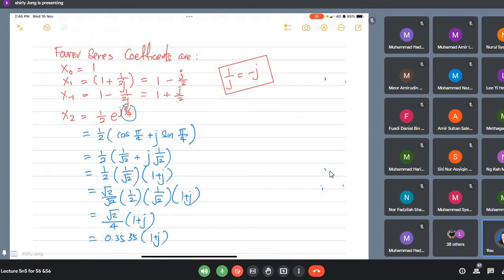So you can change it to the complex number from the exponential.